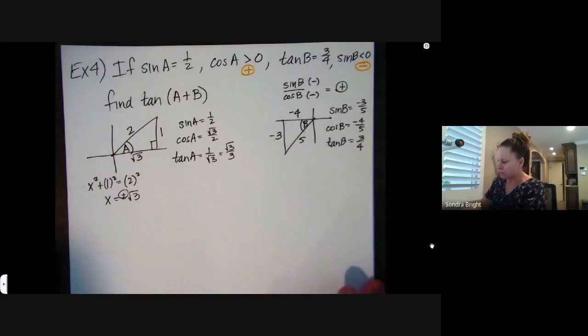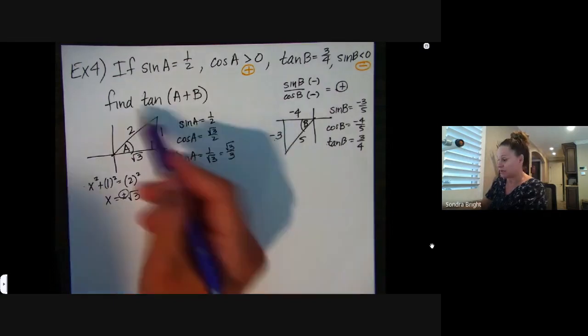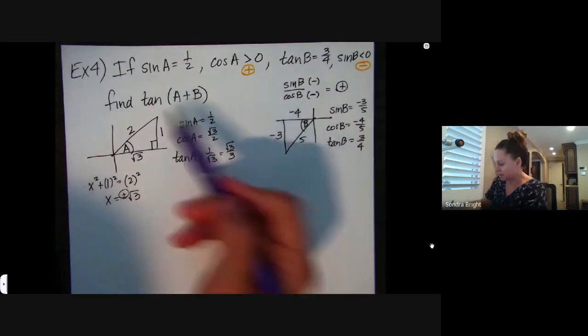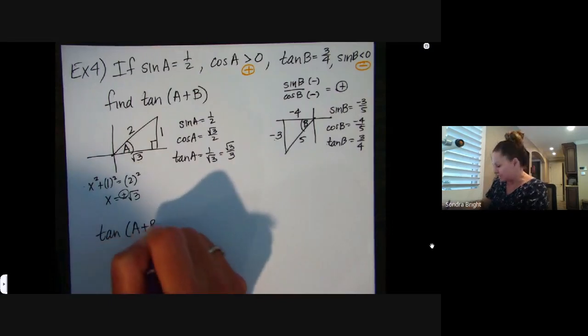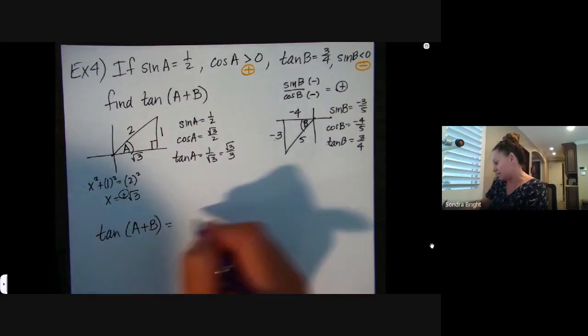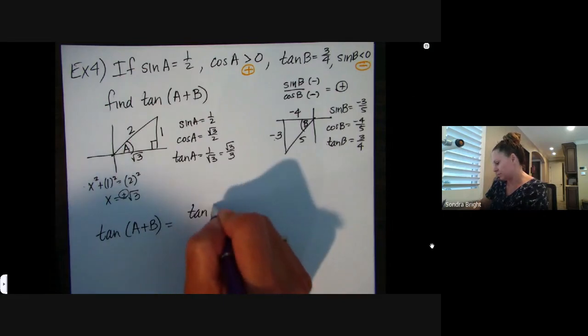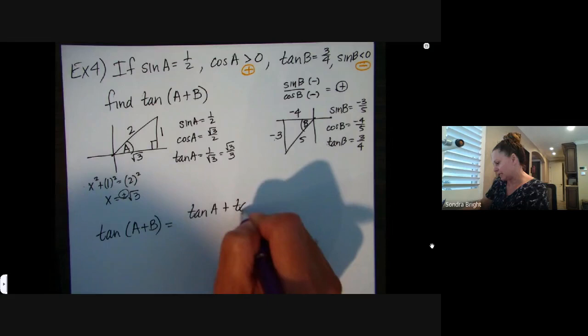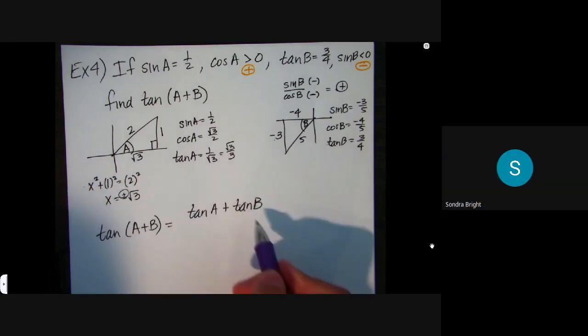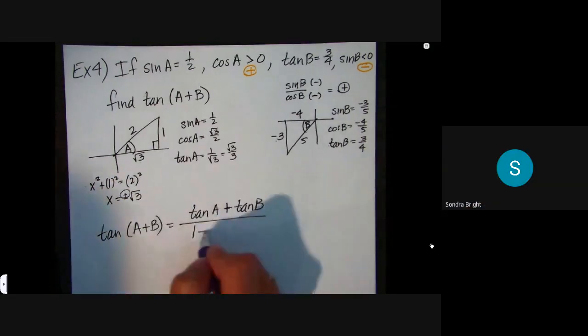All right, so now that I know these values, I can find tangent of A plus B. And the identity says the top is a fake distribute. Pretend like you're distributing, but that's not the end of it. Over 1, if this is a plus sign, then there's a minus, and then multiply them together.